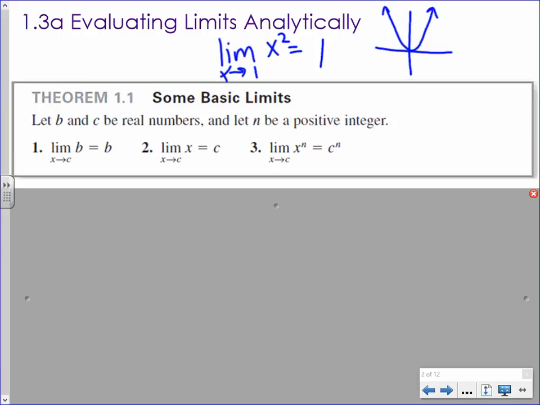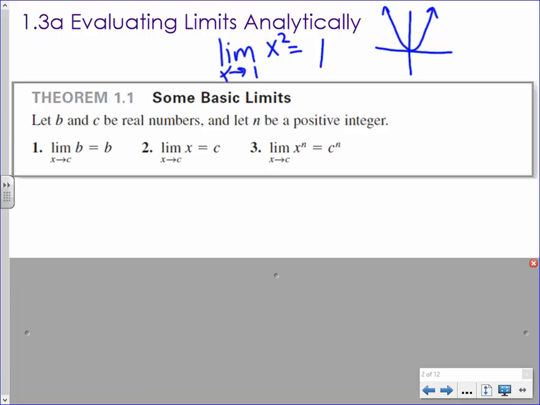So this is something that basically today we're talking about: direct substitution. If you have the limit as x approaches a number, it's going to be that number. Let me draw you a picture. If our function is just a constant, that means we have a horizontal line.